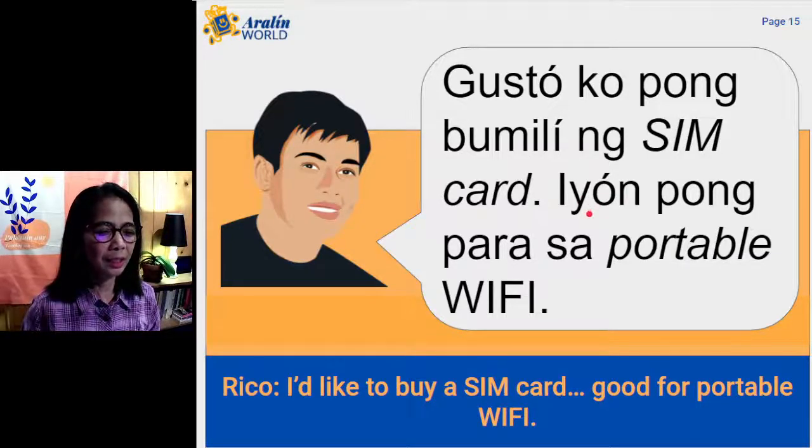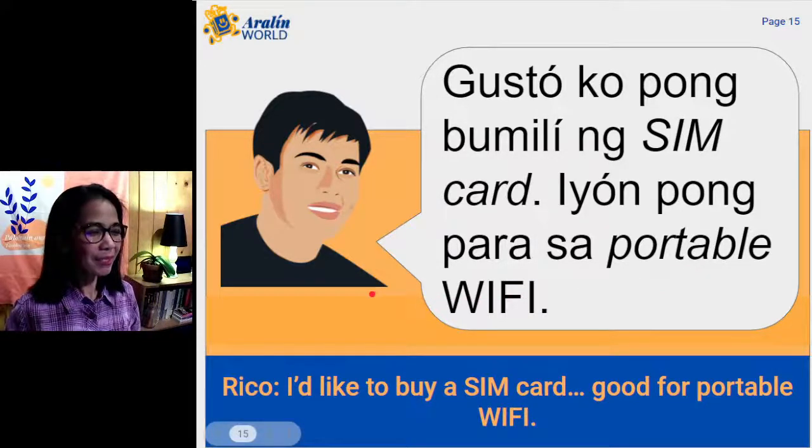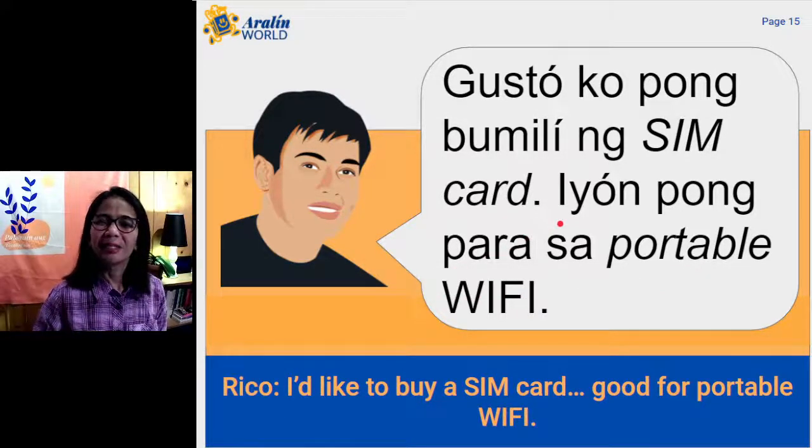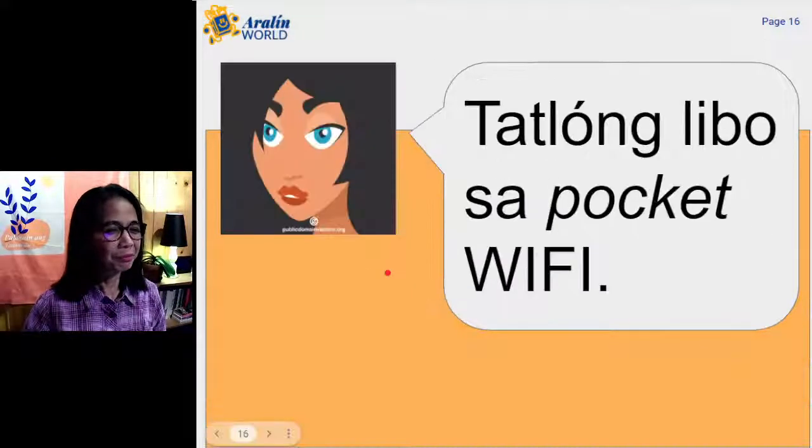You just say, good for portable Wi-Fi. Iyon pong para sa portable Wi-Fi. Para sa means for. And then sa is a connector or particle or a marker to additional information, which is portable Wi-Fi. This is how a Tagalog sentence is structured.